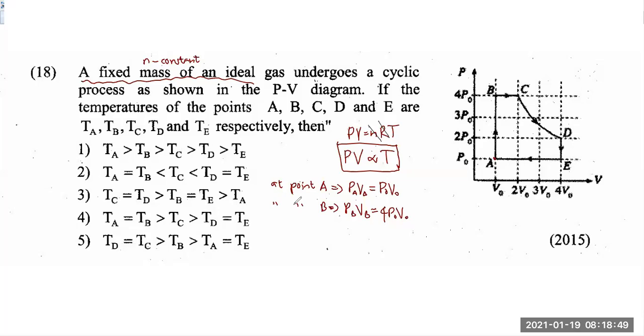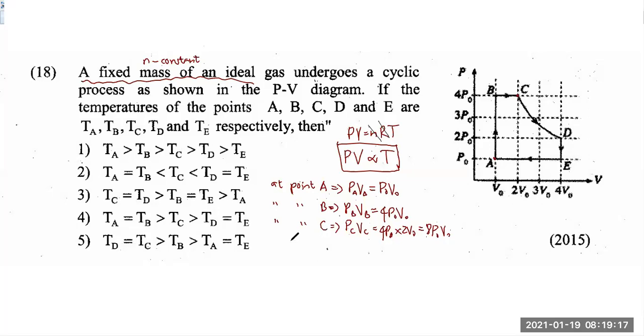No problem with that. And then at point C, the multiplication PCVC, the pressure at that point is given as 4P naught, and the volume at that point is 2V naught. Therefore, overall it is 8P naught V naught.